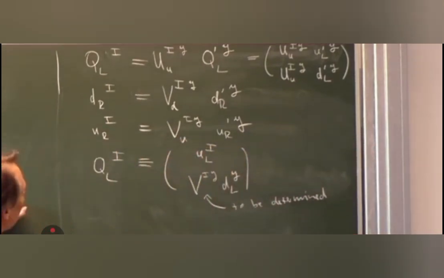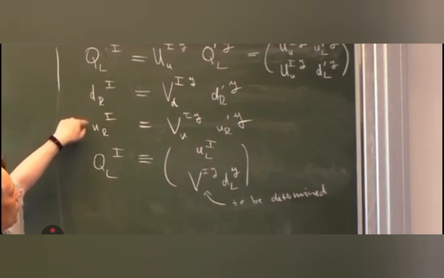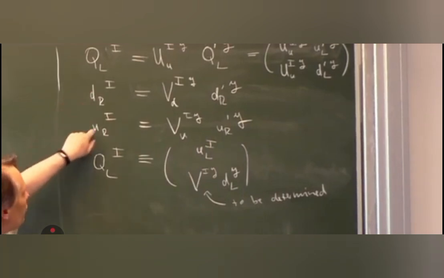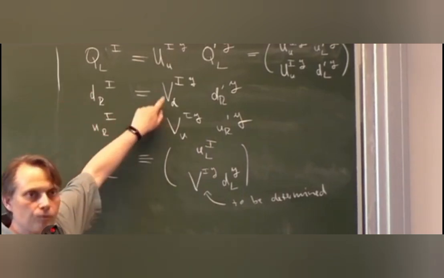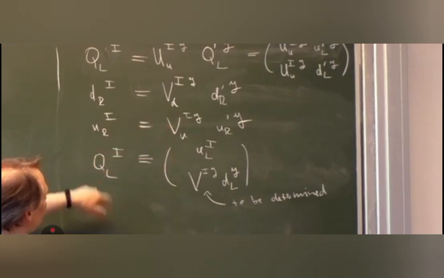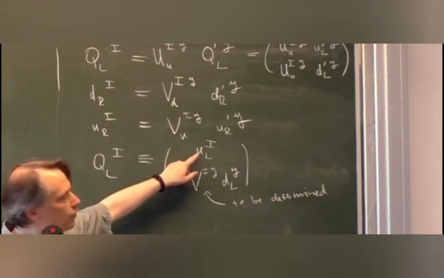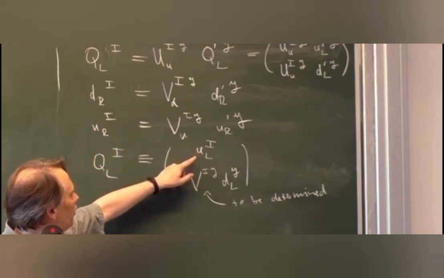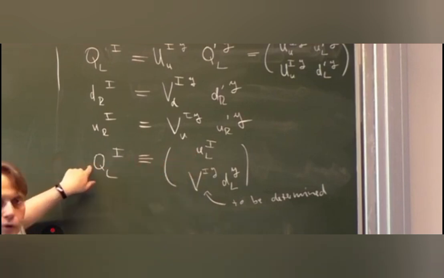Then we have introduced right-handed fields without prime using the mixing matrices V in the down quark and the up sector, and we have introduced left-handed fields without prime, and we have defined a left-handed doublet without prime.